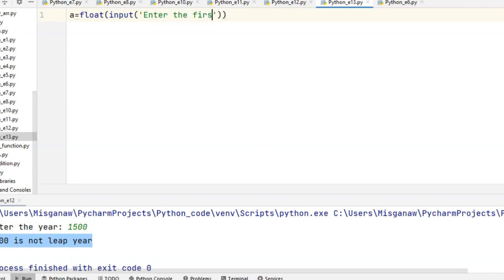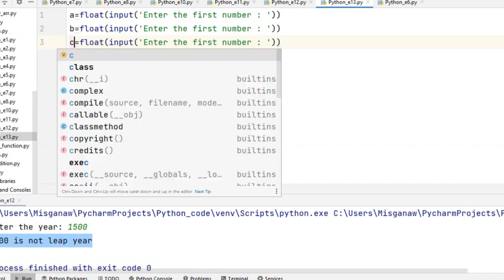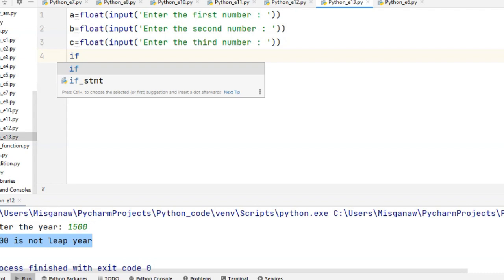Enter the first number. B, C, third number, second number.